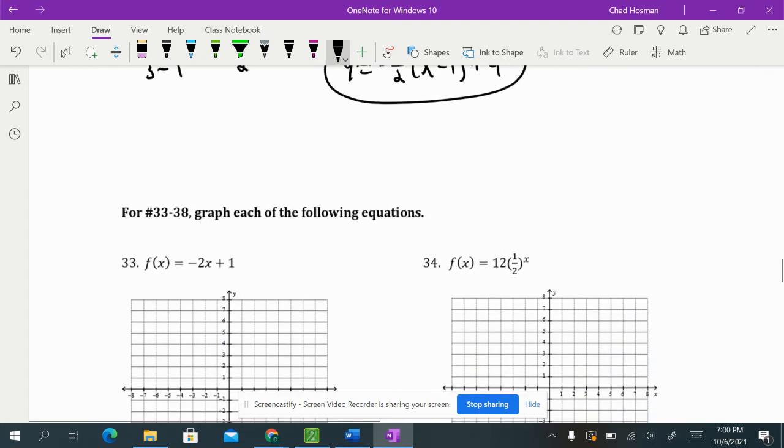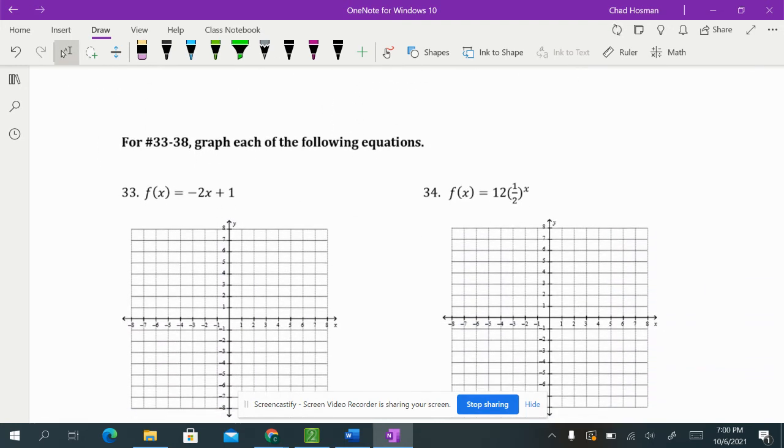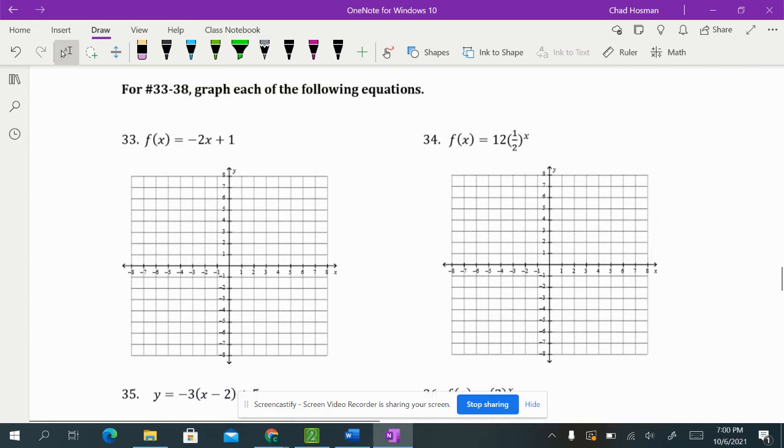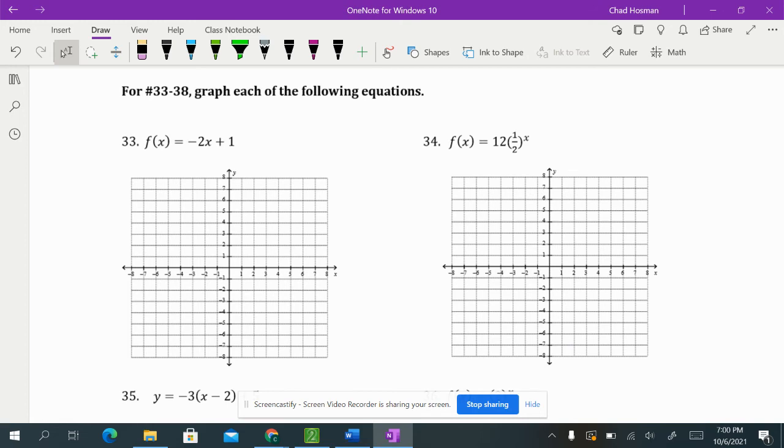All right, next, for 33 through 38, it says graph each of the following equations. For 33, it's given in y equals mx plus b, where m is the slope, and if we remember, slope is the rise over the run, and b is our y-intercept.